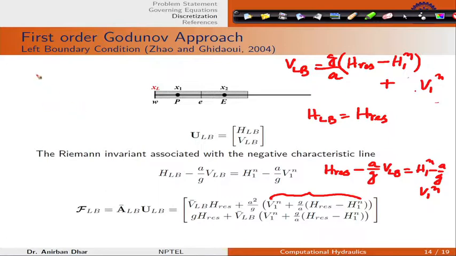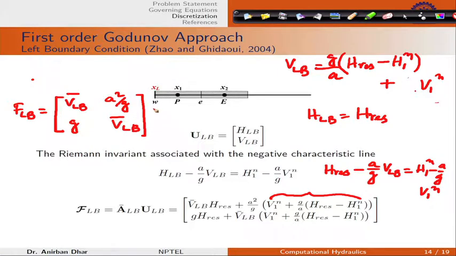So, in that case for the left boundary I need to calculate this Jacobian matrix there. So, this is VLB bar value into A square by G, this is G, this is VLB bar.